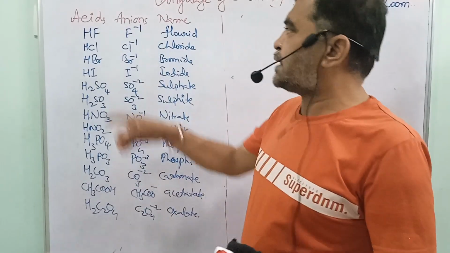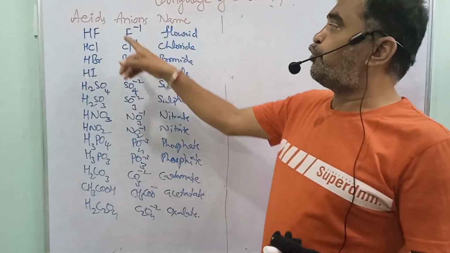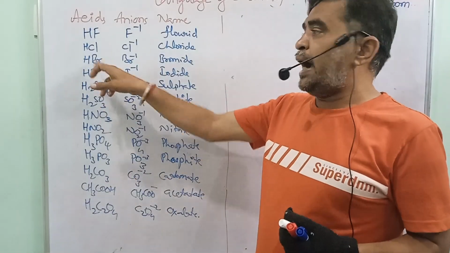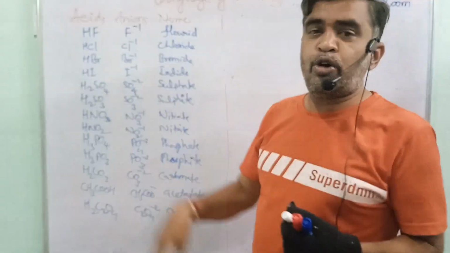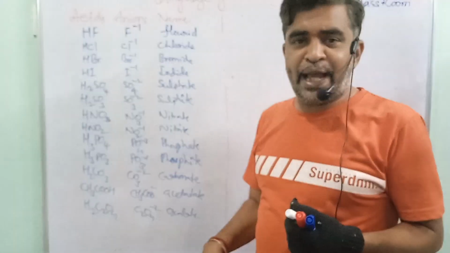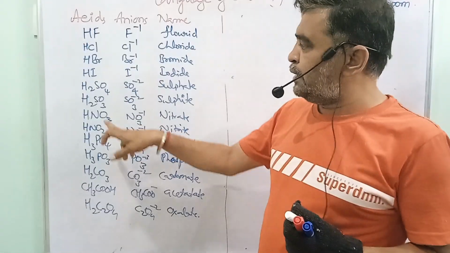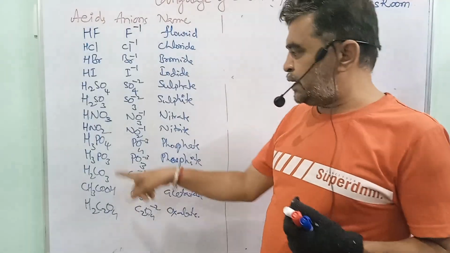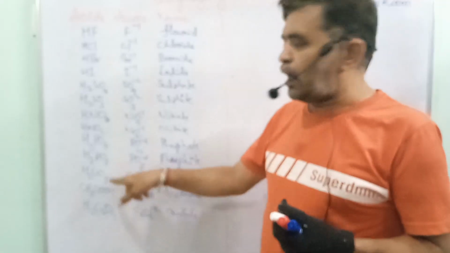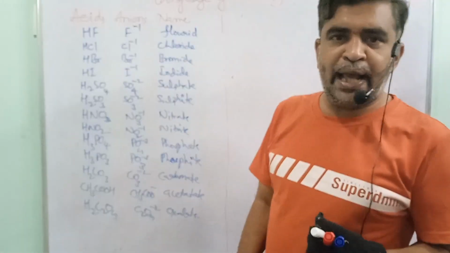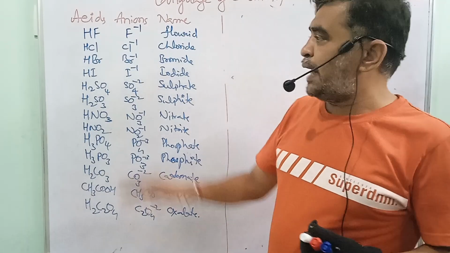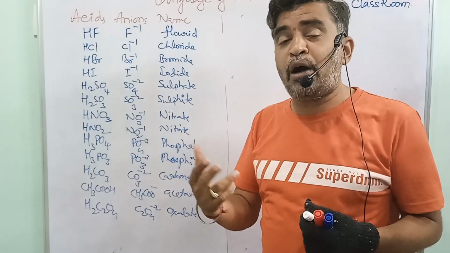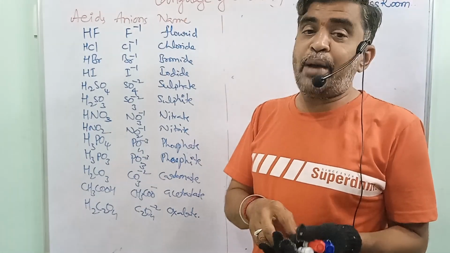For example, the first acid is hydrofluoric acid, and then hydrochloric acid, hydrobromic acid, hydroiodic acid, sulfuric acid, sulfurous acid, nitric acid, nitrous acid, phosphoric acid, phosphorus acid, carbonic acid, acetic acid, oxalic acid. Acids like that we have taken. From those acids, the anion is formed. How do I write the anion?